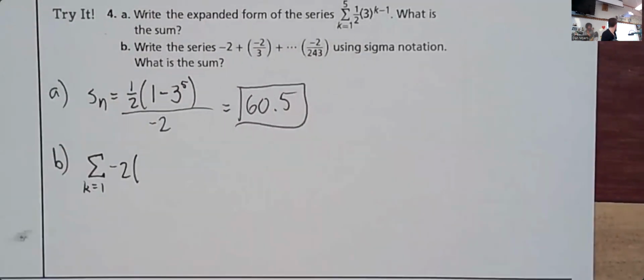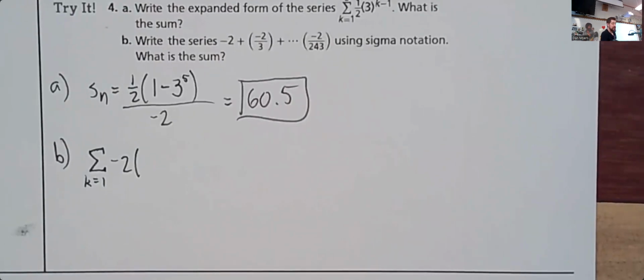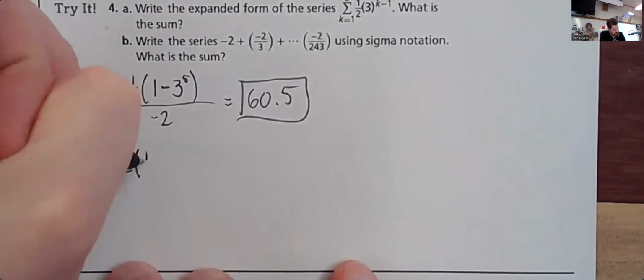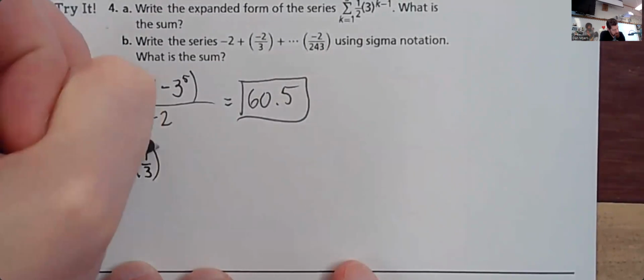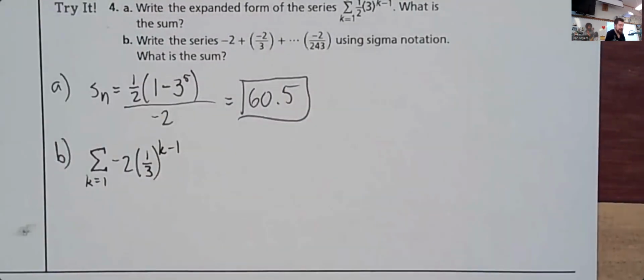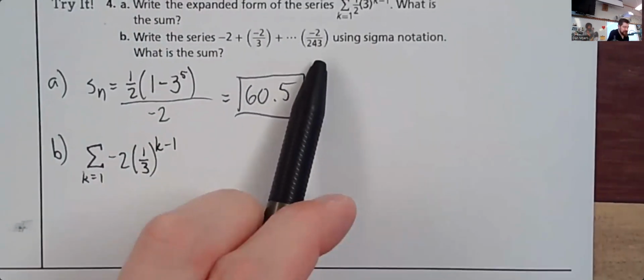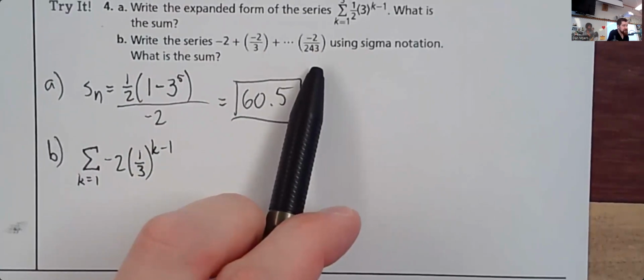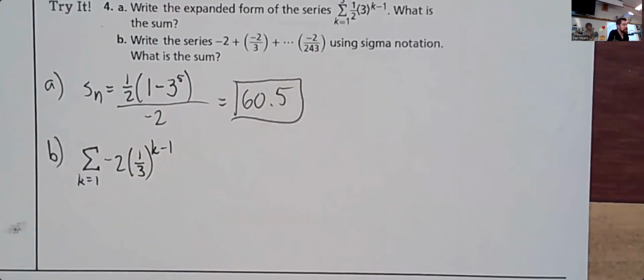What do you suppose our ratio is? 1/3? Yeah, that's our ratio. And then we can write k minus 1 here. So how many terms later are we going to be at 243 on the denominator? So 5 terms later, which means we have how many terms total?